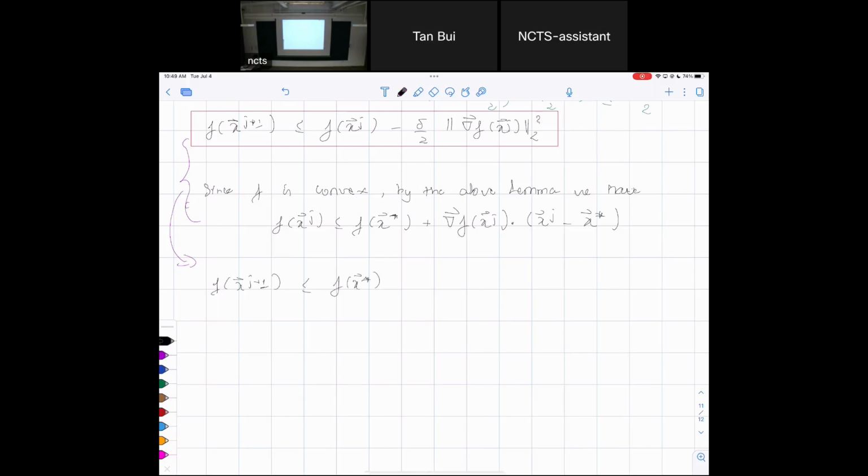We replace f of xj by f of x star plus the gradient of f at xj dot with xj minus x star, and then minus delta over 2 times the gradient of f at xj squared.